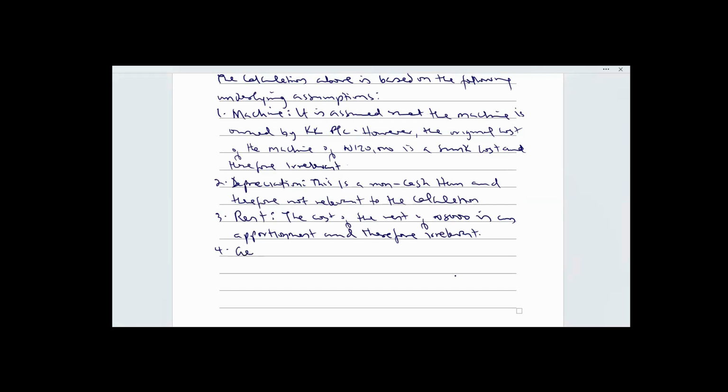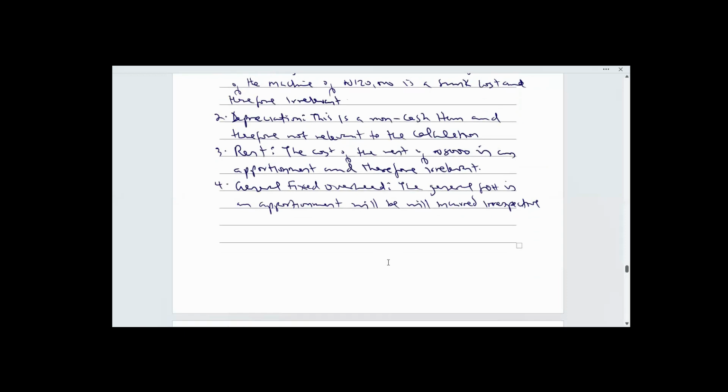General fixed overhead is an apportionment and will be incurred irrespective of whether part 2011 is manufactured or not.